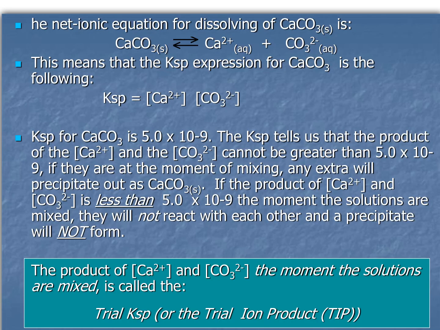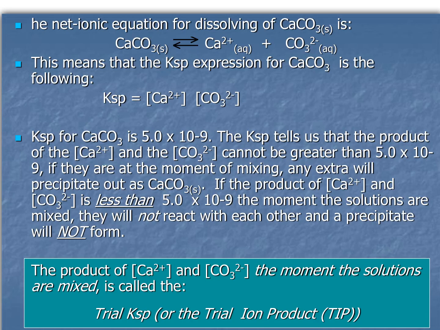Because if they are at the moment of mixing, then any of these extra calcium and carbonate ions are going to precipitate out as calcium carbonate. So if the product of calcium and carbonate is less than 5.0 times 10 to the negative 9th, then when they mix, there's not enough ions to surpass this equilibrium concentration and make precipitate.